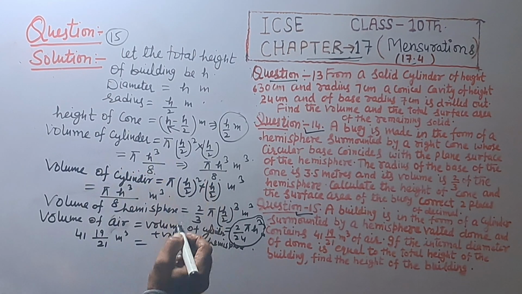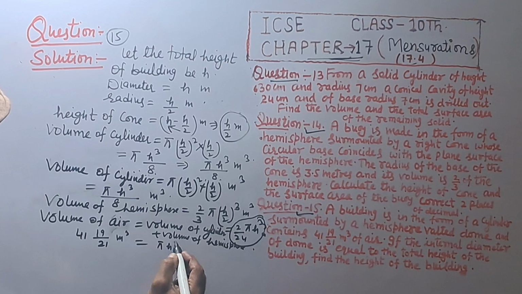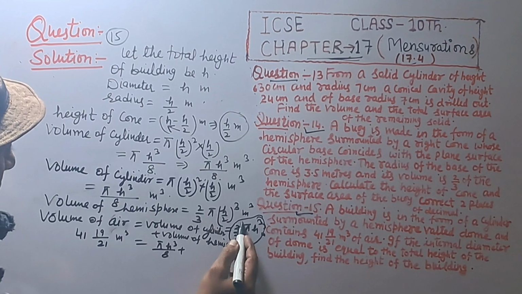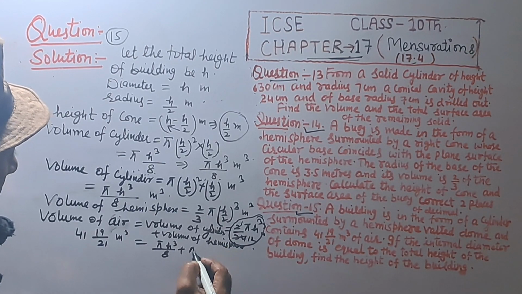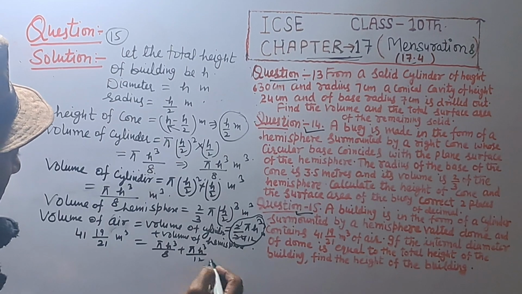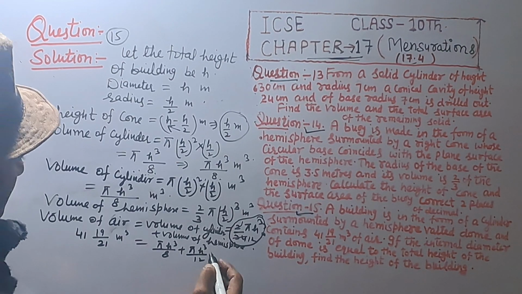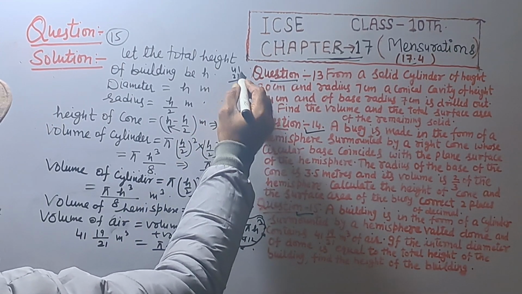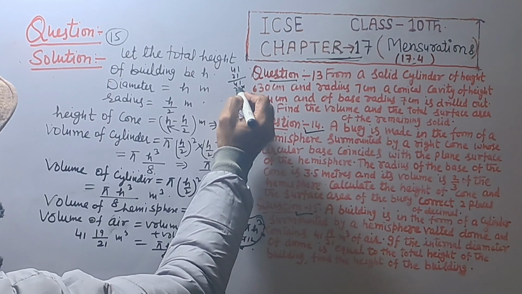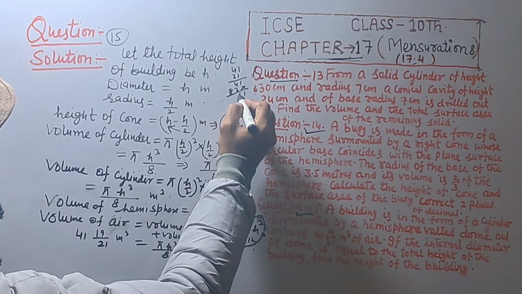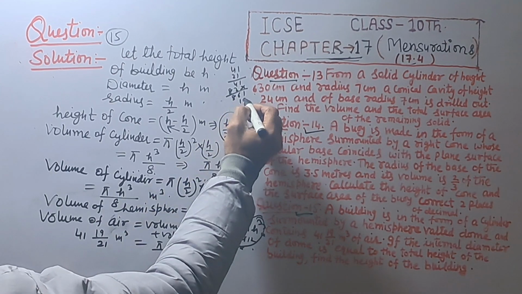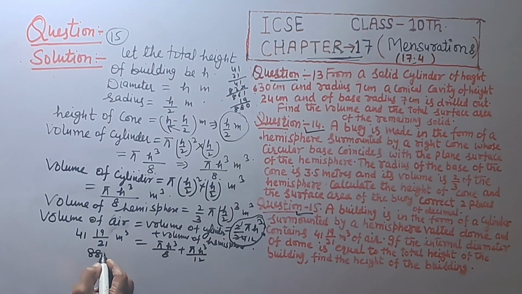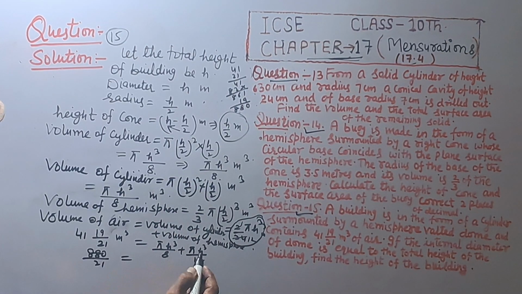And volume of cylinder, that is pi h cube upon 8 plus, this is cancelled, 2 ones are 2, 2 6s are 12, pi h cube upon 12, equal to 41 into 21, that is equal to 168 plus 19, 880 upon 21.